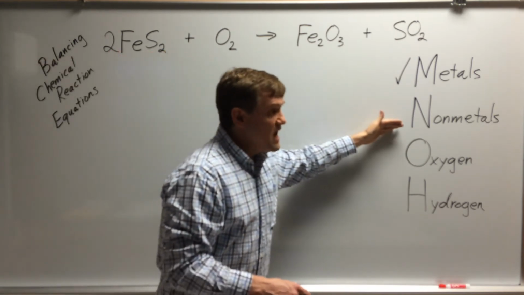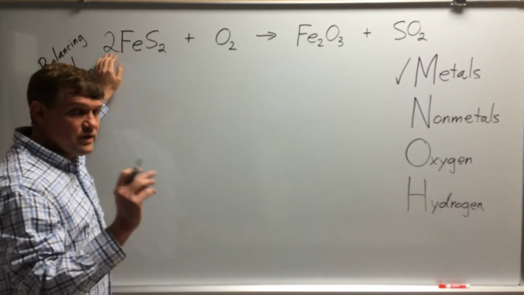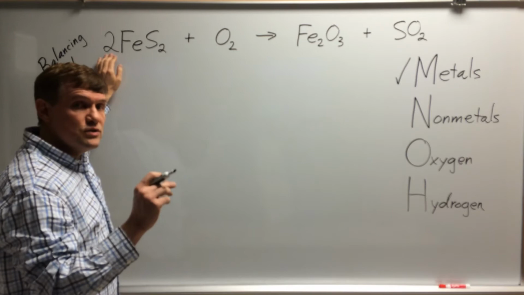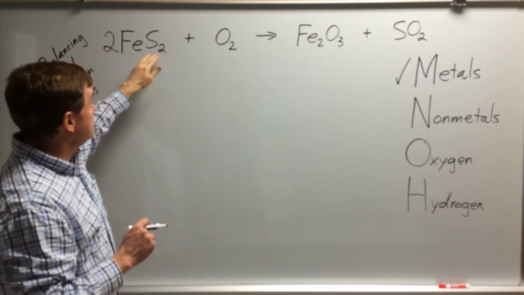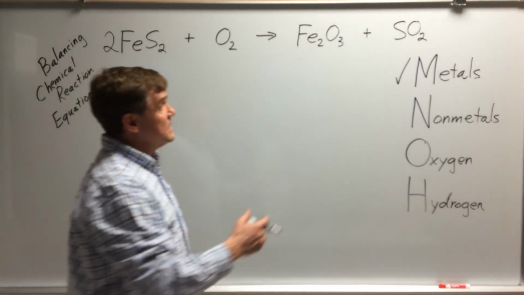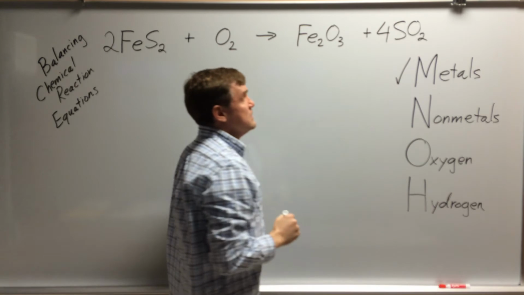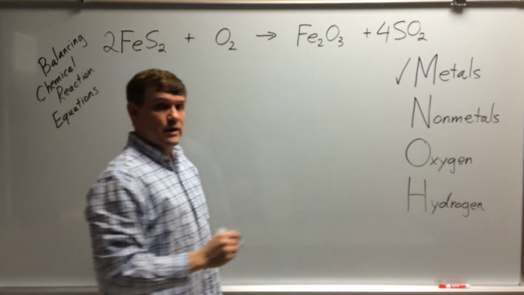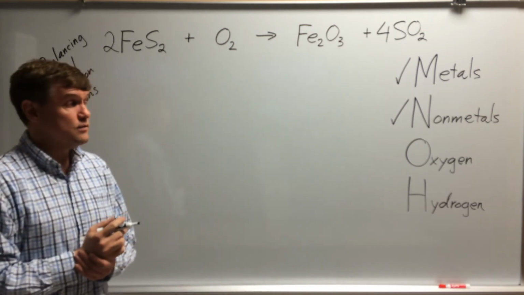Once I get to the non-metal step, you don't want to get rid of this coefficient. It's already there. You've already placed it. You need to use it to do your calculation on the number of atoms. So here I've got 2 times 2, or 4 sulfur atoms. On this side, I need to put a 4 right here in front to match up my sulfur atoms. And now I can put a check mark on my non-metals because there aren't any besides sulfur.